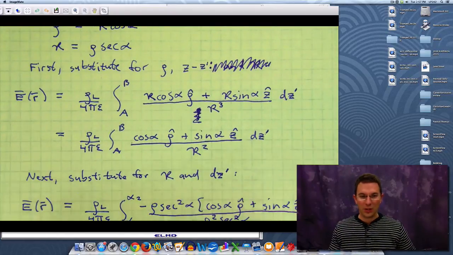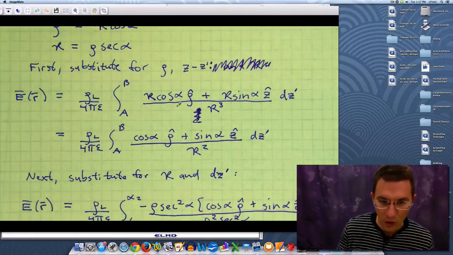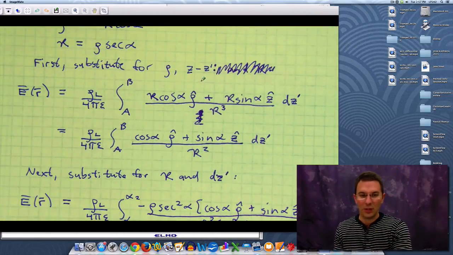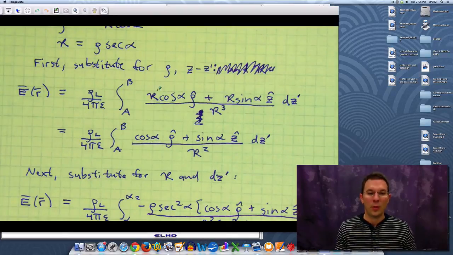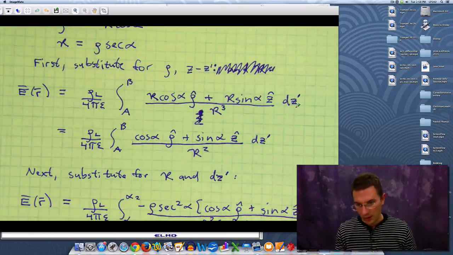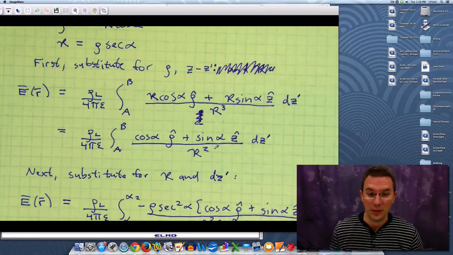Here is our original integral, and I've substituted in for rho and z minus z prime using those expressions. In the numerator we have these terms, in the denominator we still have r to the 3rd, and I still have dz prime in there for now. We're still integrating over dz prime. But you can see we've got a common factor of r that's going to fall out, and we'll just end up with r squared now in the denominator.